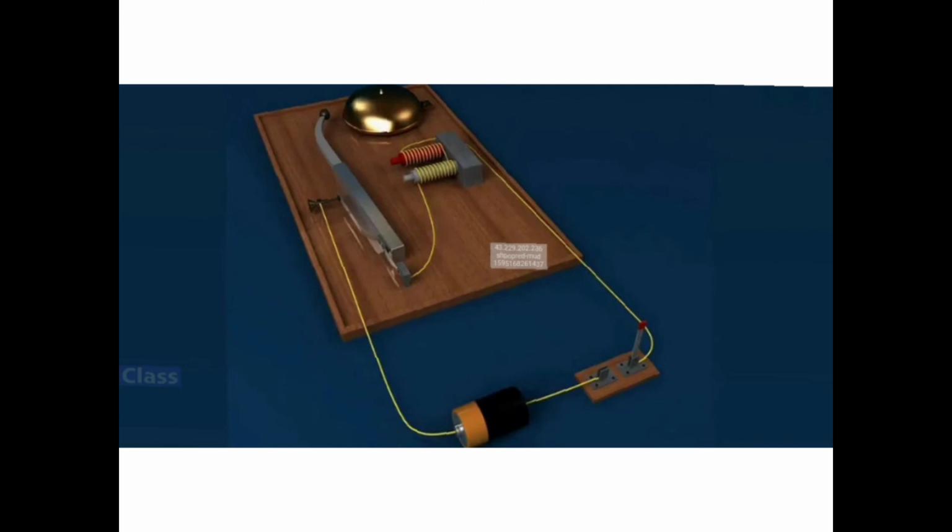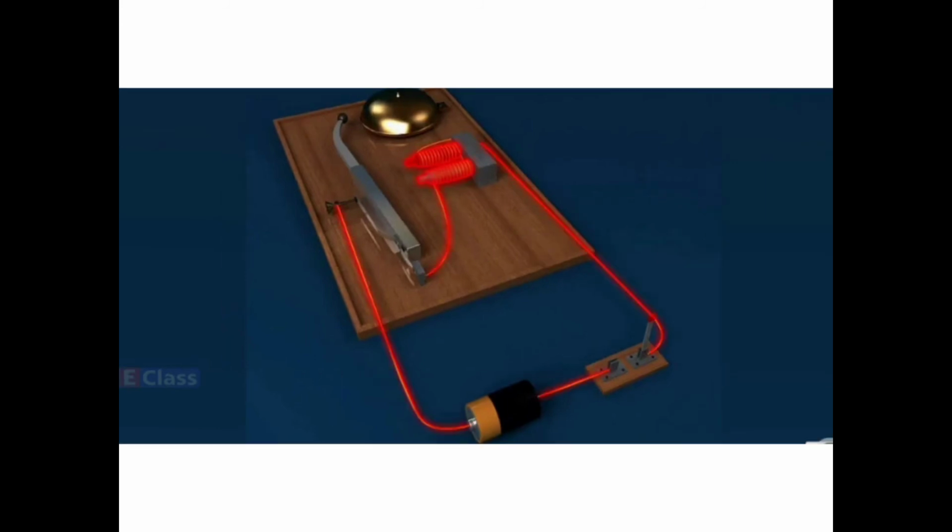So let us now understand the working. When we close the key, the current will flow through the circuit and this copper wire wound on the iron piece will behave as an electromagnet. And a magnet always attracts magnetic material. Iron is a magnetic material.